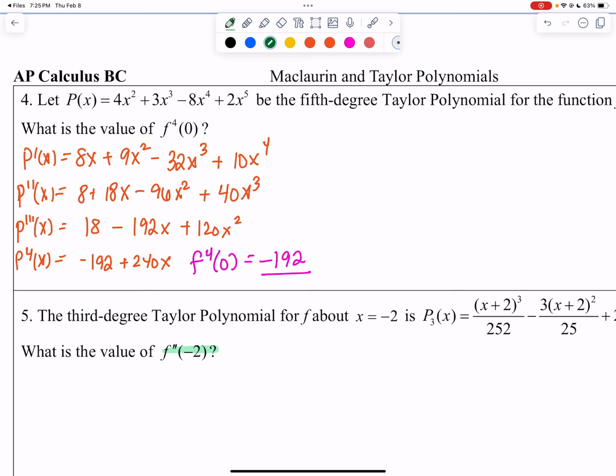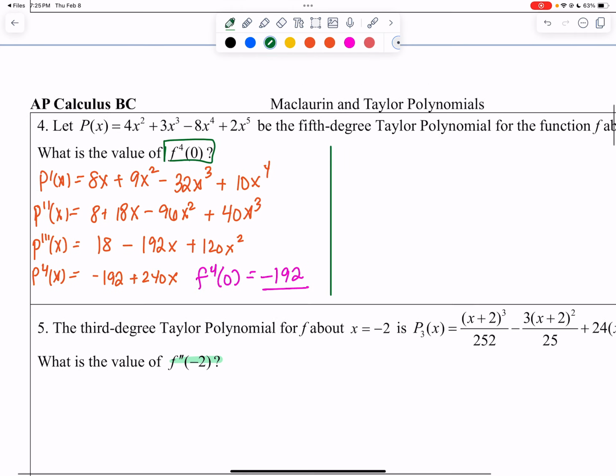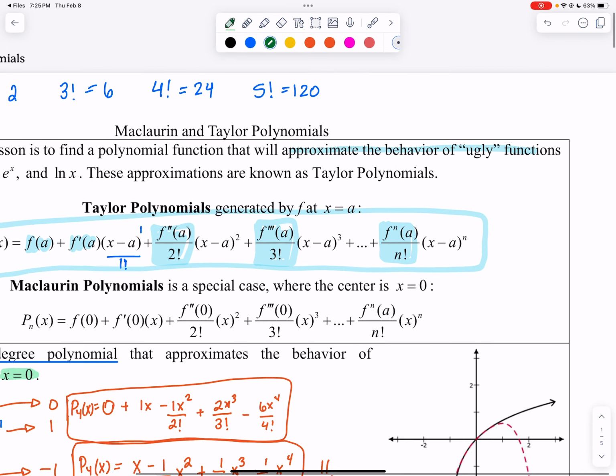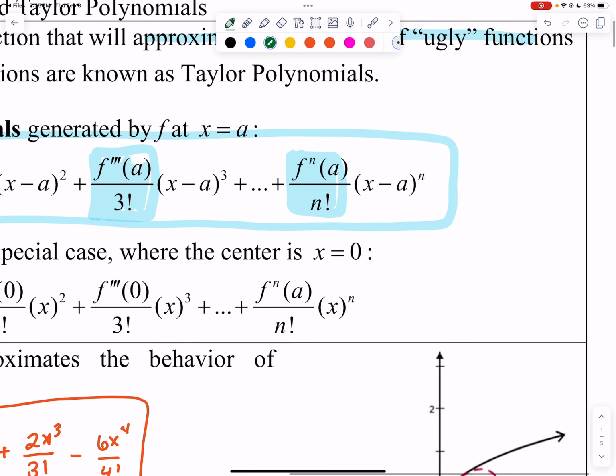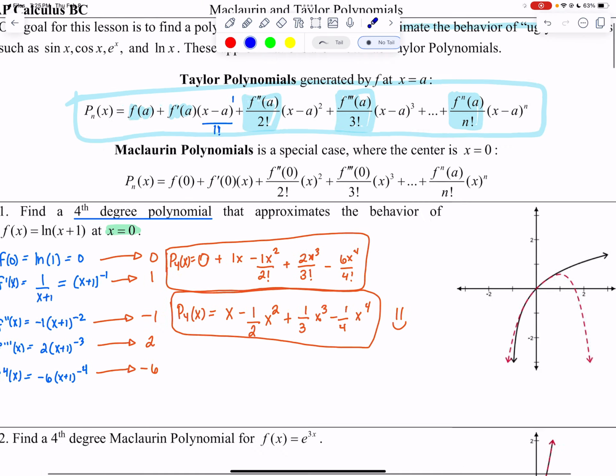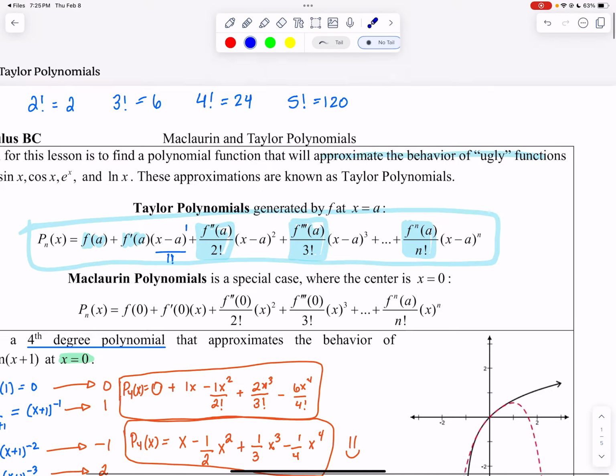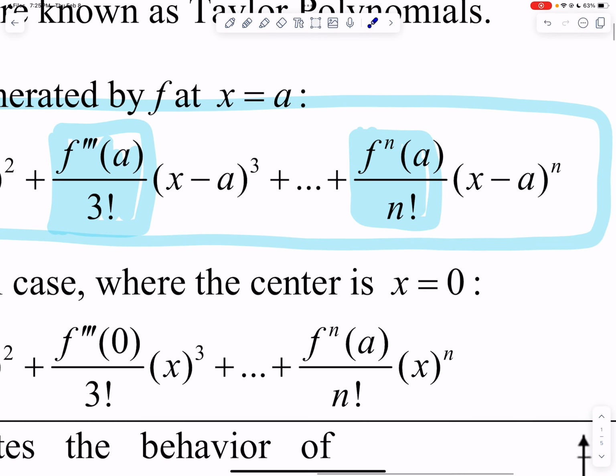Now, there is a much quicker and efficient way, and that's going to be looking at our coefficients. This is asking me the fourth derivative at 0, and if I were to go back to my lovely generic function, this is my generic function right here, and this is my coefficient. So this right here tells me that I'm going to have the fourth derivative at 0 over 4 factorial, and this is going to be my coefficient.